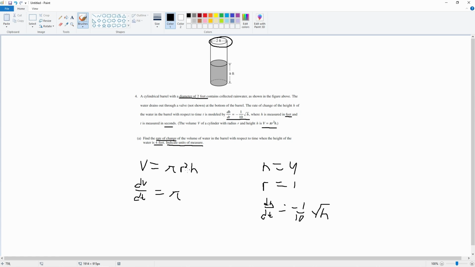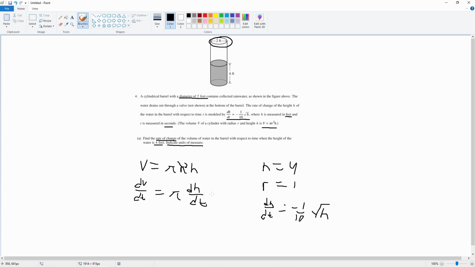One thing I want to point out: I want to plug my 1 in for r first. r squared, or 1 squared, is just 1, so it cancels out. So we just have pi times the derivative of h, which is just 1, and then we have dh/dt.